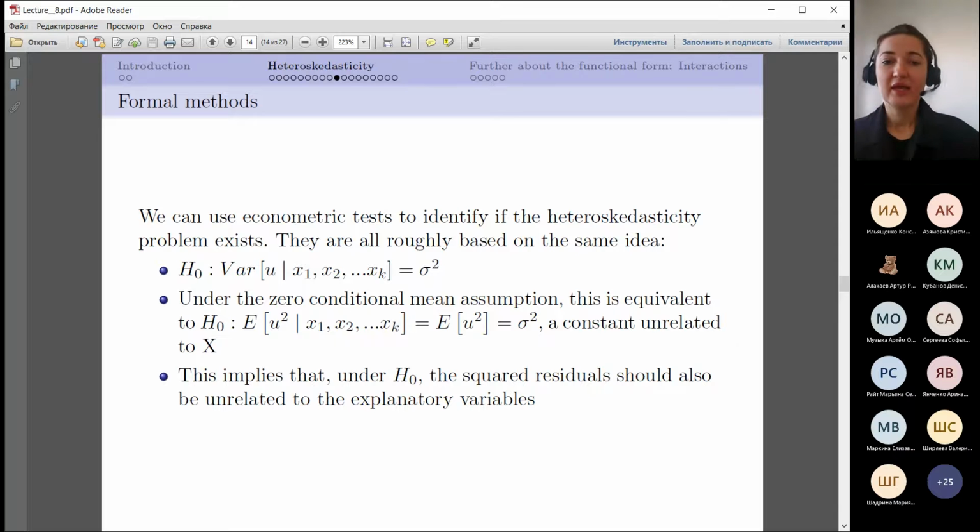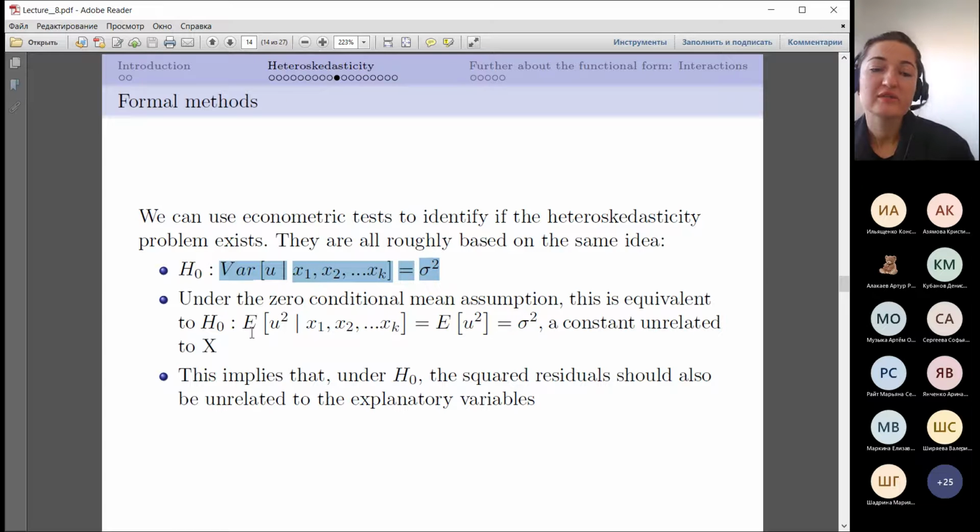So if you want to really understand the main idea behind this test, it's better to rewrite this equation through the expected value. Assuming the zero conditional mean assumption, you can say that the variance in this case equals the expected value of the squared error term, conditional again, of course, on the same independent variables.